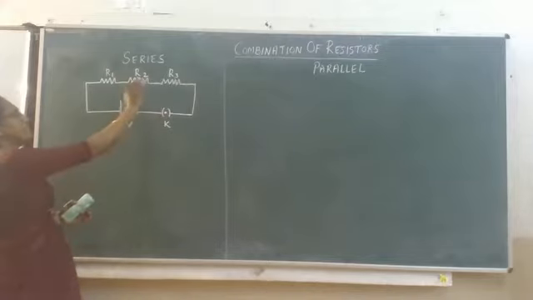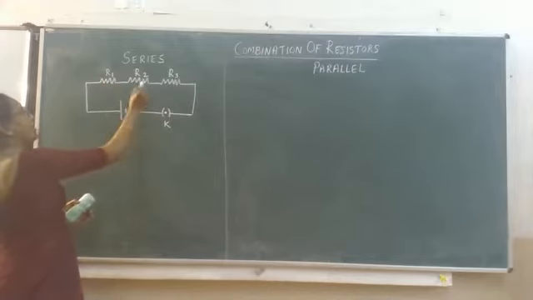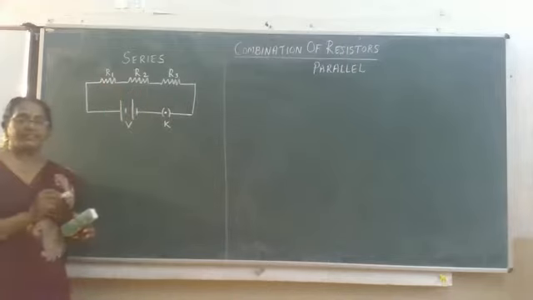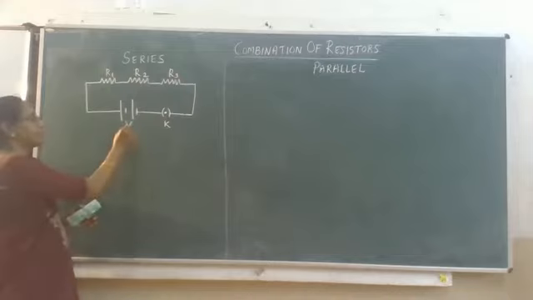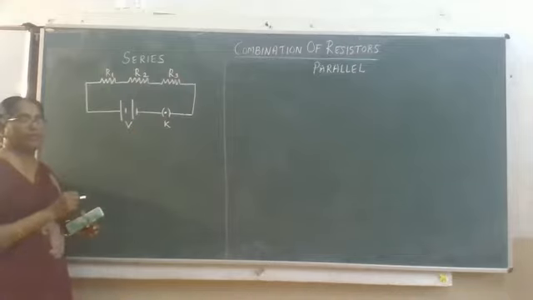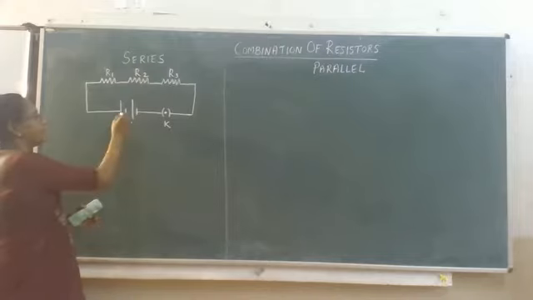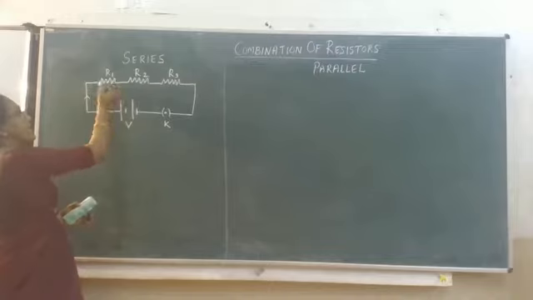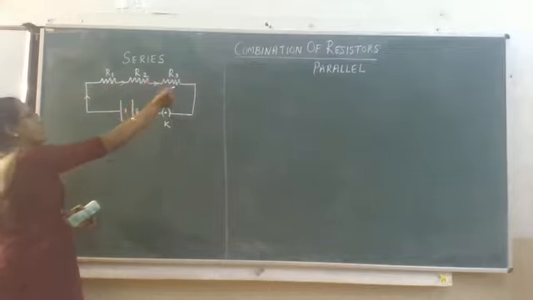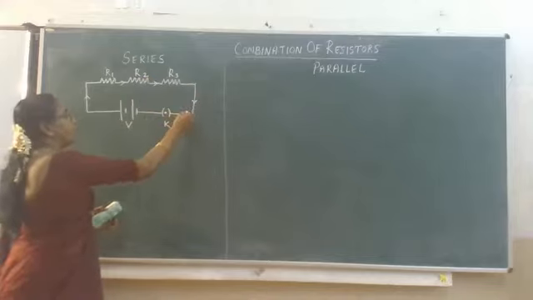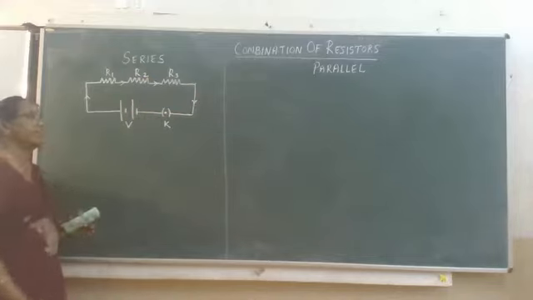So this is a simple circuit having three resistors R1, R2 and R3 connected in series to a potential difference of V volt. Now let us mark the direction of the current. Current will always start from the positive terminal. It will reach R1, then R2, then R3, and come back through the key and reach the negative terminal of the cell.